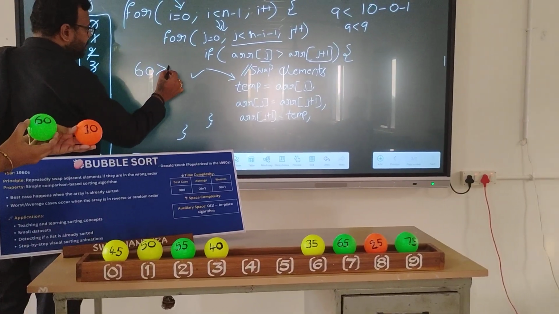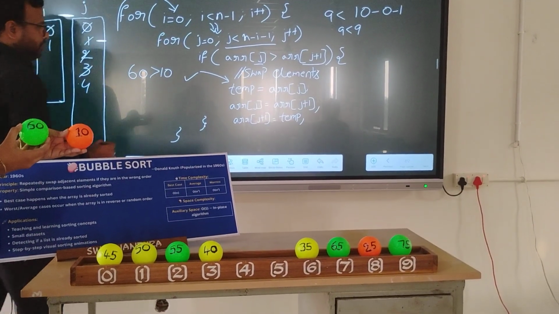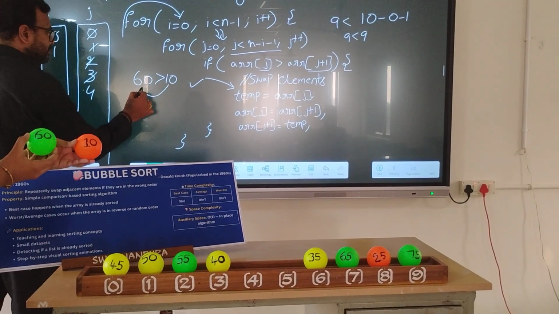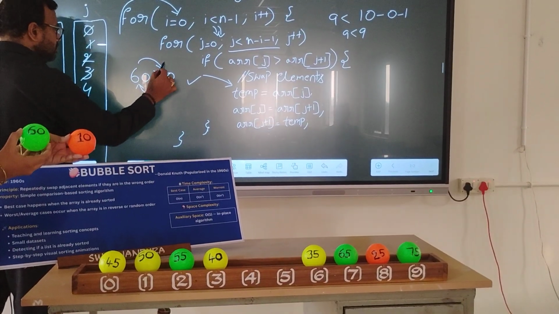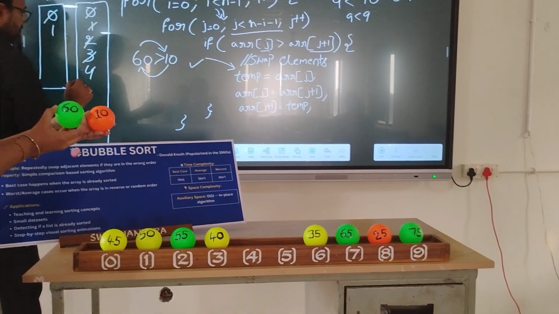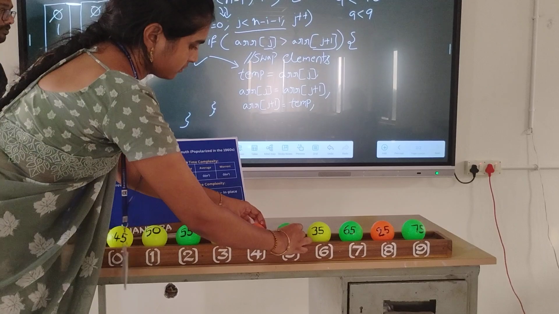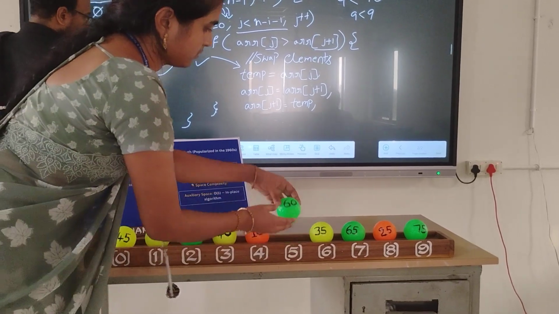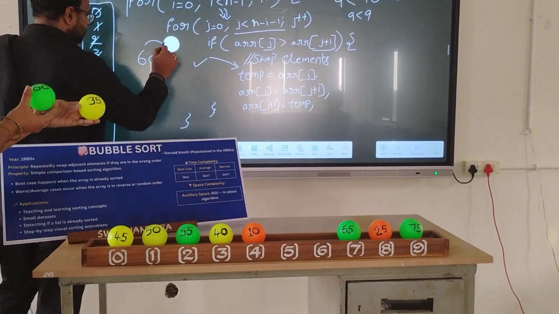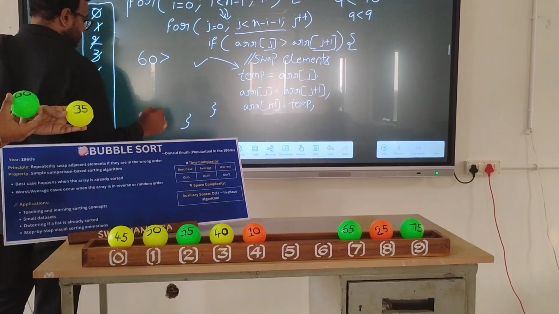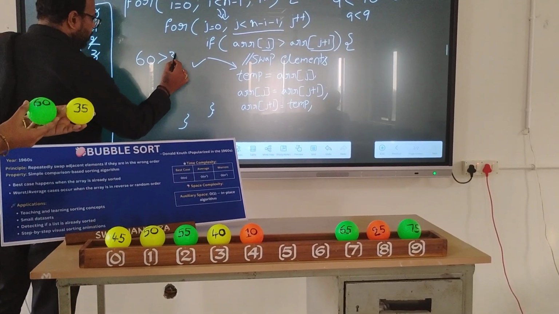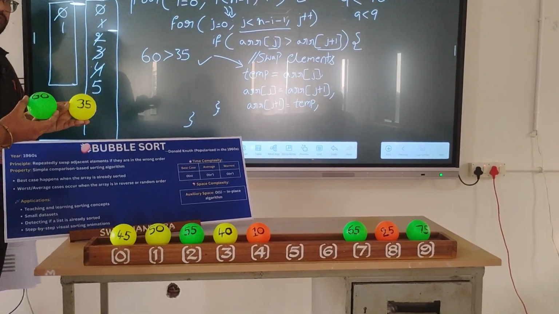Now 60 is compared with 10. The condition is true, which means swapping is done. Now J becomes 5. 60, 35. This condition is also true.